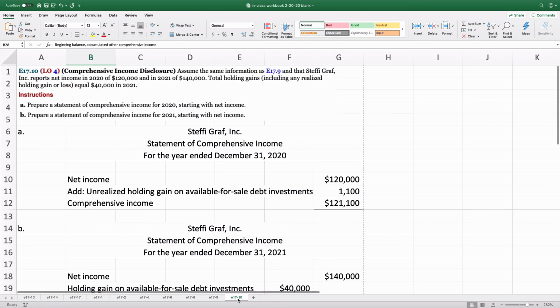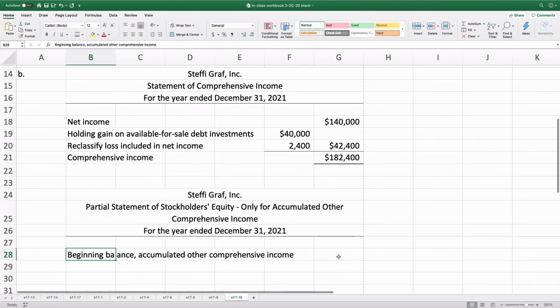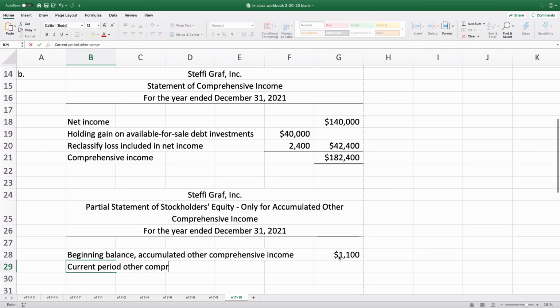So I'm going to go back over here, and let's assume that that's all there was. Put a $ in there because it's your balance sheet and a financial statement. And we're going to add current period other comprehensive income.